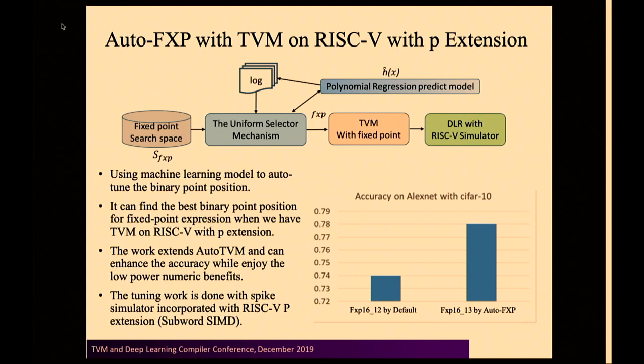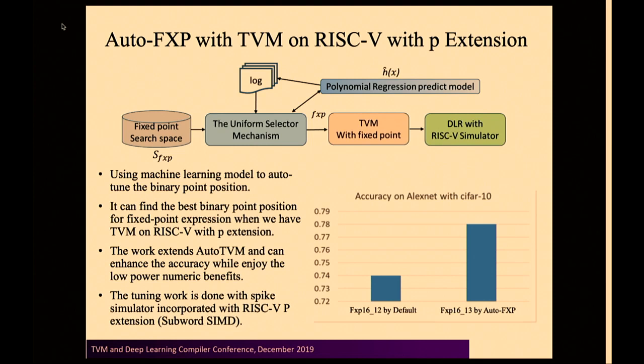By the time the auto-tuner came out, it was really surprising: the tuner found that setting the binary position at 13 bits actually gives better accuracy. So the tuner has a systematic way to find the best binary position, which is better than the developer's intuition.